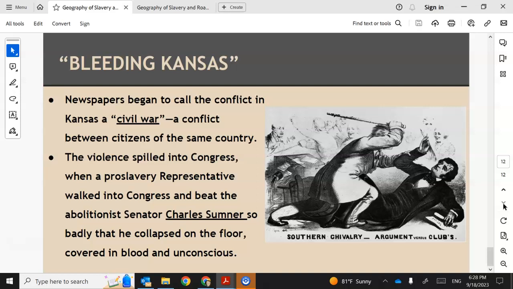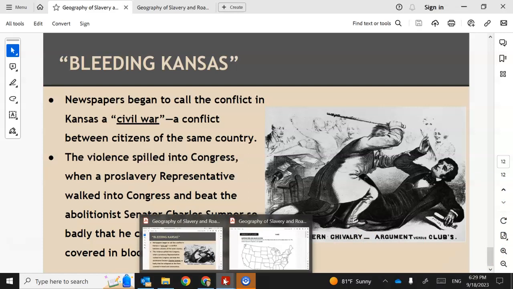Congress gets in on the action, and a pro-slavery representative walks in and beats Senator Charles Sumner with a cane on the floor of the Senate. Not a good look. Not a good look at all.